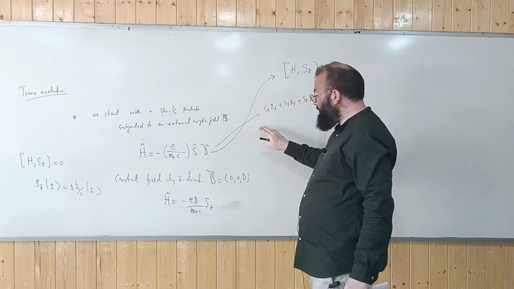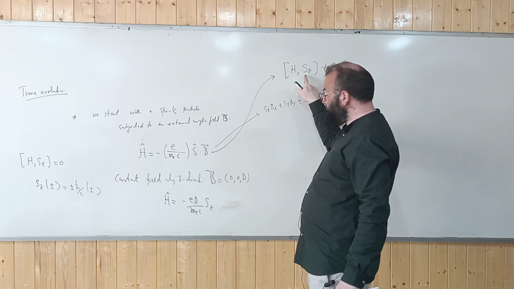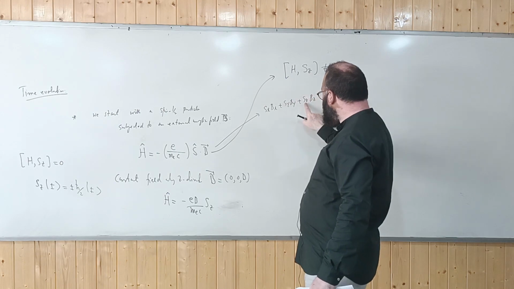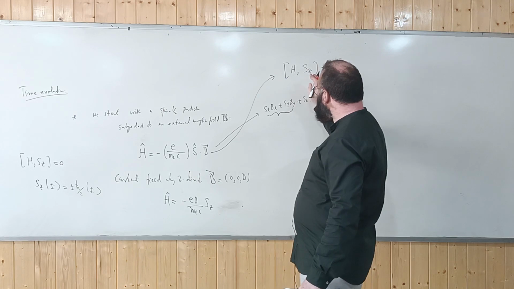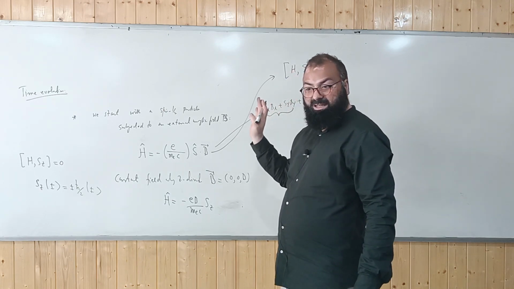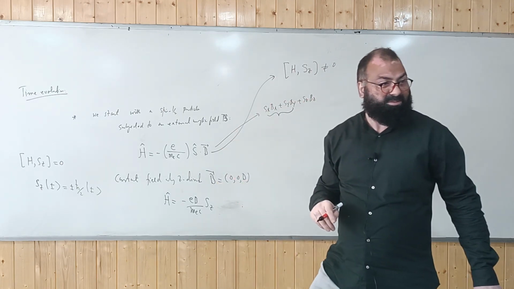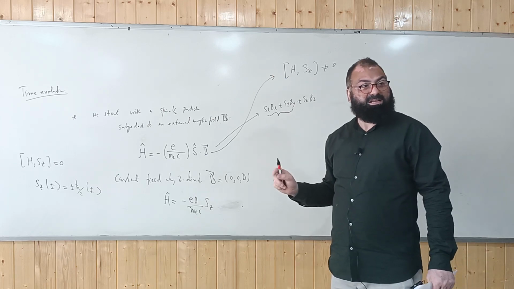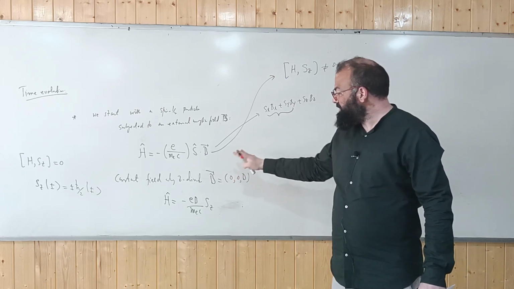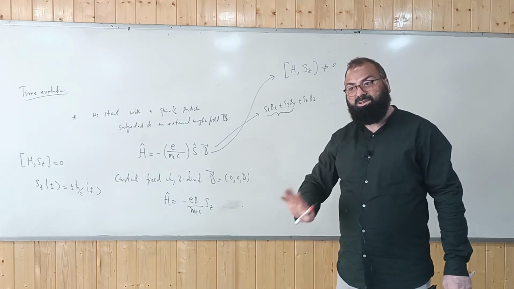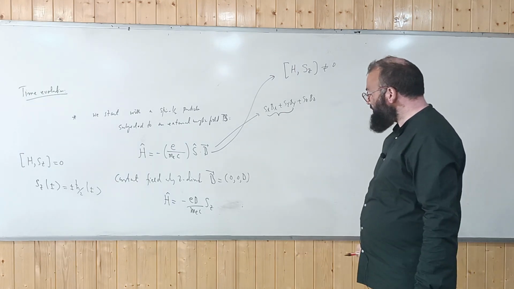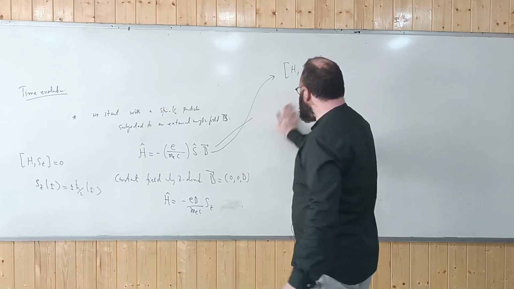Got it? Okay, so S_x does not commute with S_z, S_y does not commute with S_z, but S_z commutes with S_z. So this part does not commute. It means I cannot diagonalize H and S_z simultaneously. Understood? So I need to figure out then a general state which will diagonalize this H.